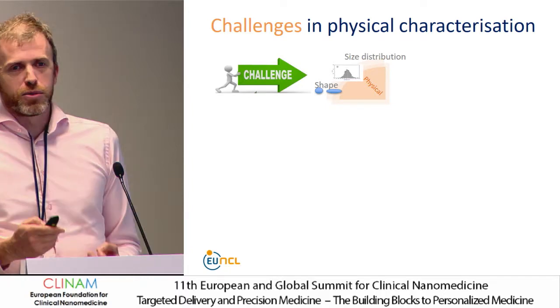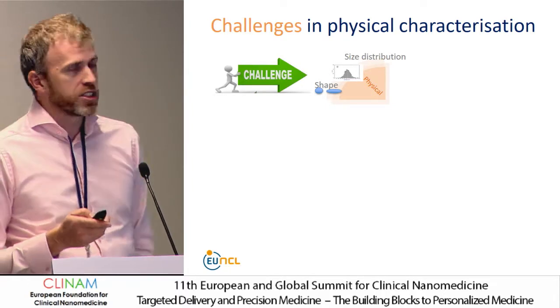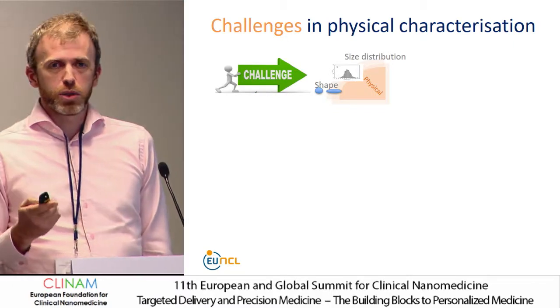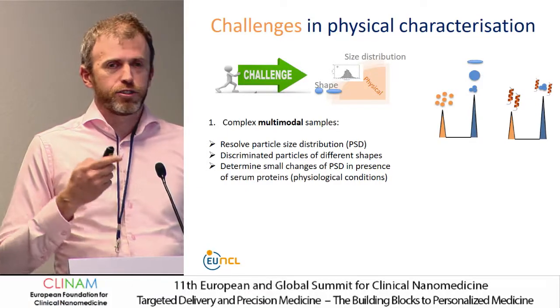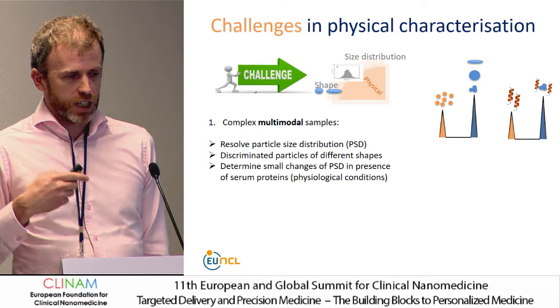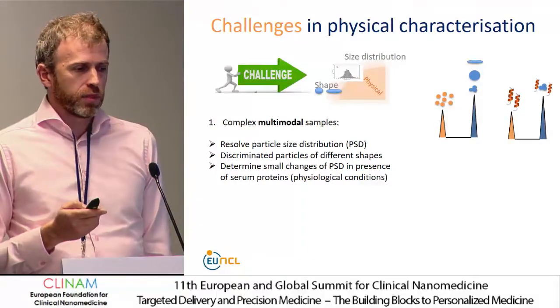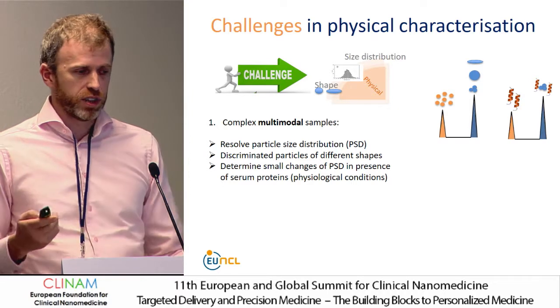Now, there are some challenges when it comes to physical characterization. As I mentioned, we're not only looking at size, but also things like size distribution and shape. For multimodal samples, this begins to be challenging. If you have a complex distribution, you want to start resolving it.